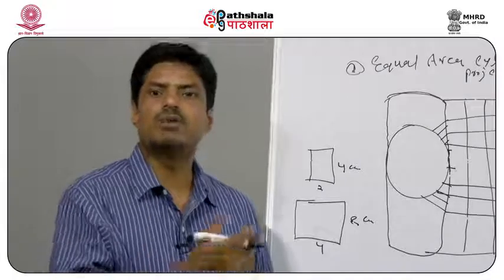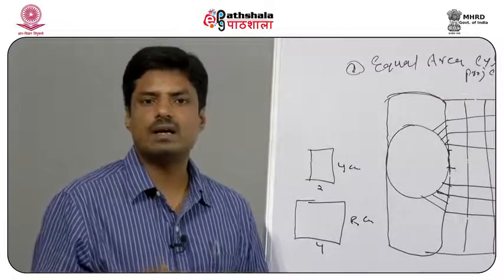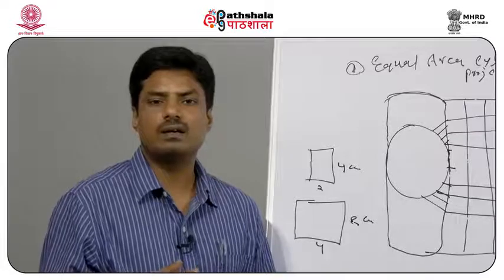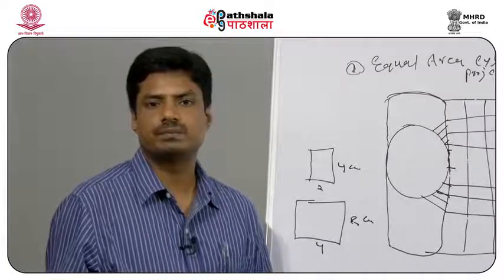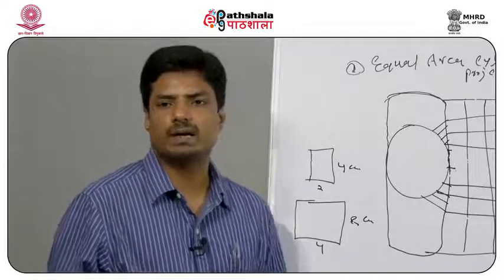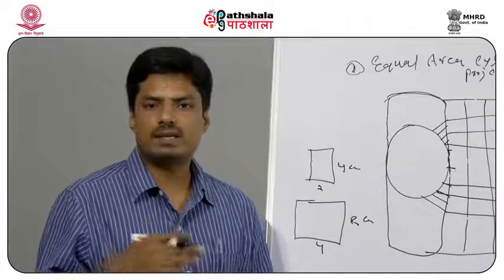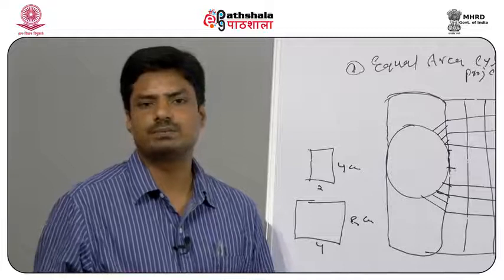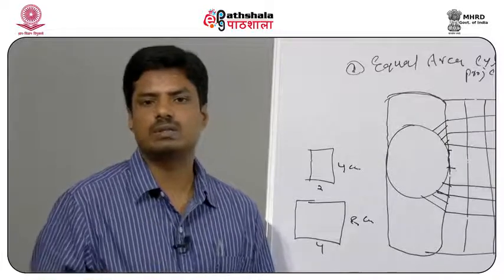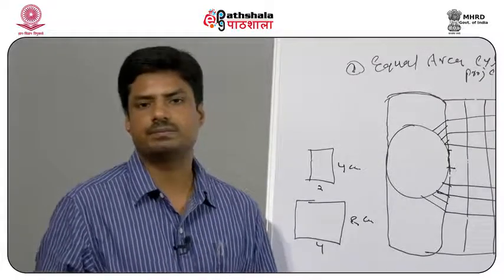When we move away from the equator, the area starts exaggerating. And therefore, during the British Empire, the maps constructed on Mercator's projection exaggerated the area in the higher latitudes.